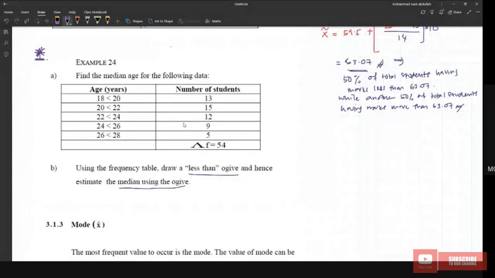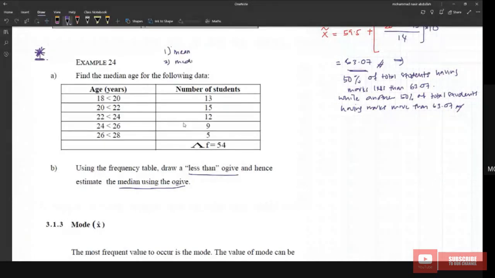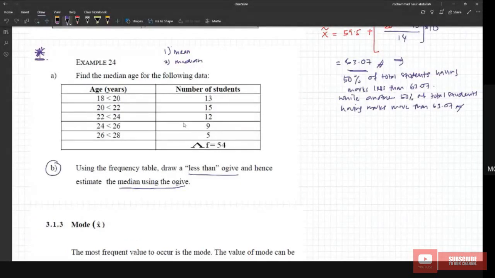So first, I want you to find the mean for this data. Another one is find the median from this data, right? And then B, I want you to draw a less than ogive. It should be like this, right? And then find the median using the less than ogive. Means that I don't want you to find the median from the previous one.